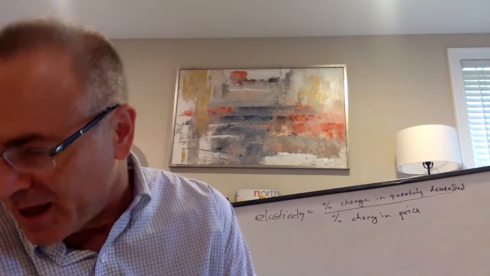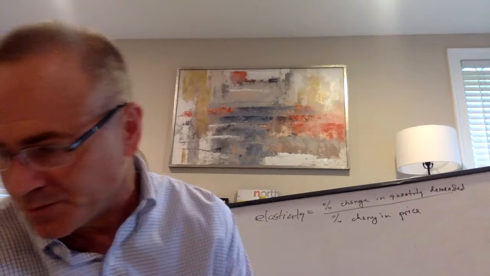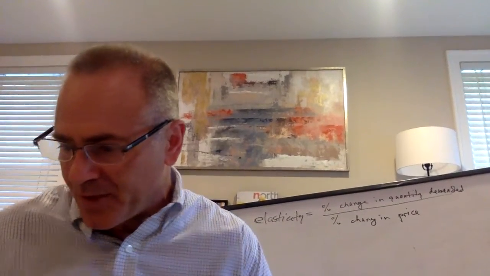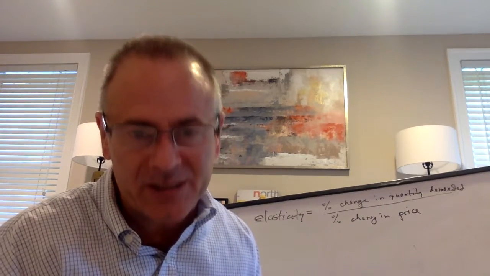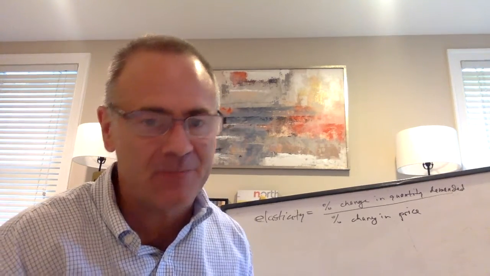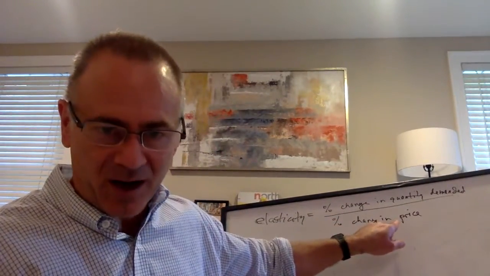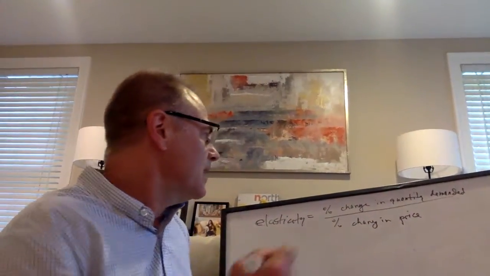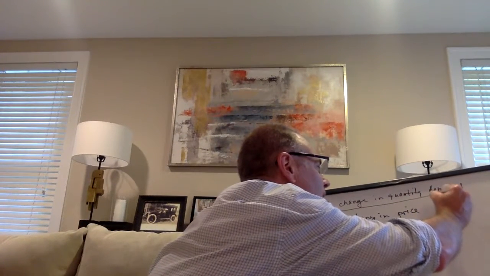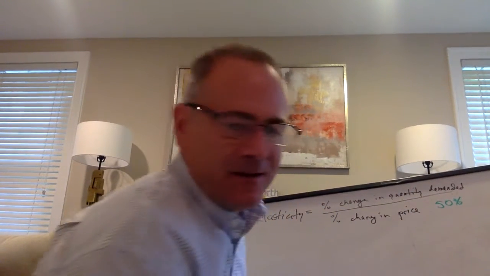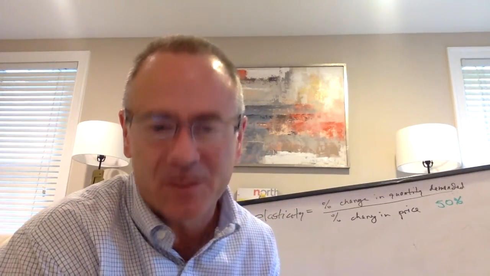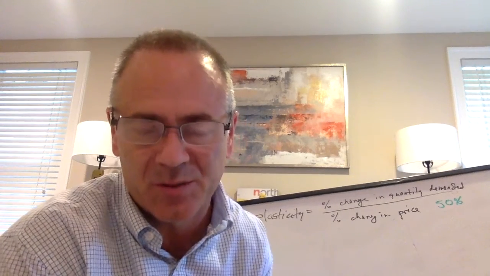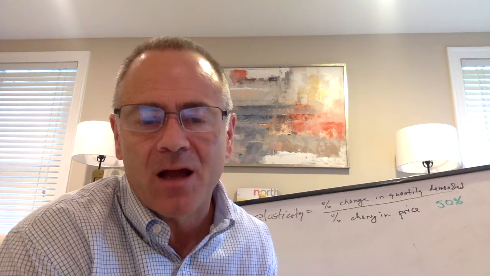Okay. Here is an example. Suppose that the price of salt increases by 50%. So percent change in price for salt is 50%. Now the book talked about this: if something makes up a small part of a person's budget, that person is probably not that sensitive to price.